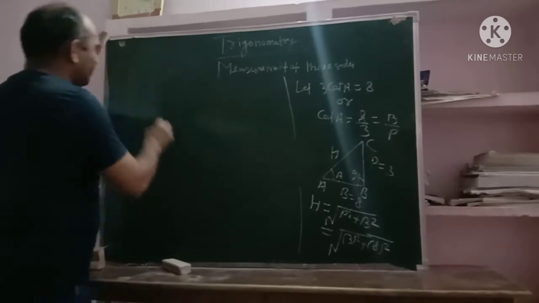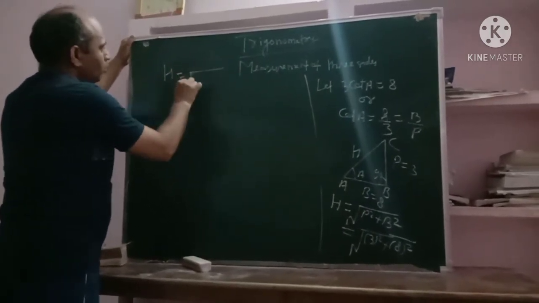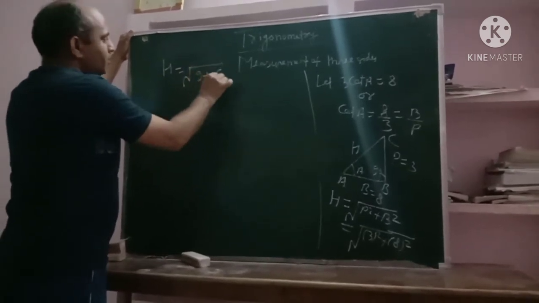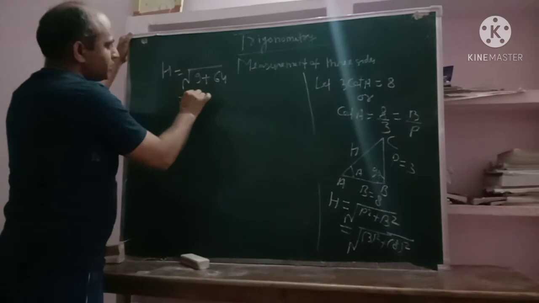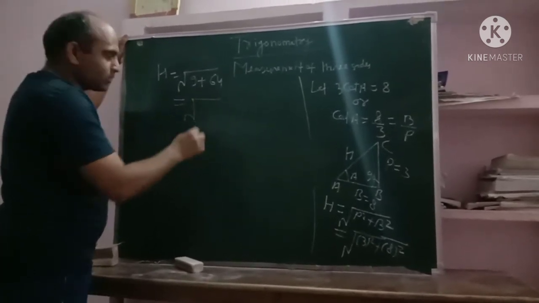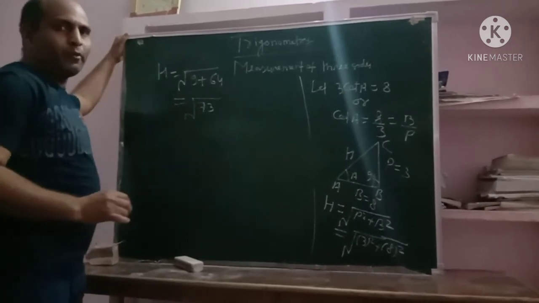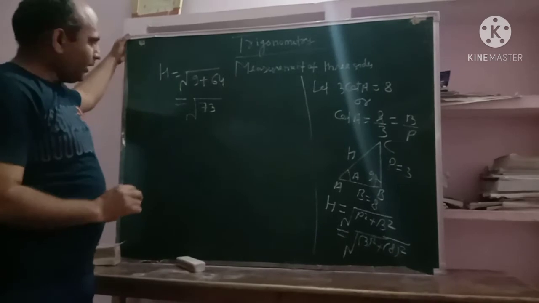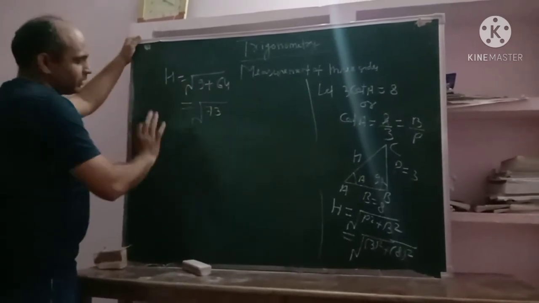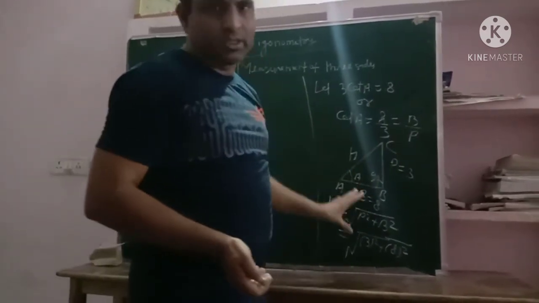So we can calculate the hypotenuse. H is equal to root of 3 square means 9, 8 square means 64. So 64 and 9 is equal to 73. So the value of hypotenuse side is root 73, and it is not a perfect square number, so it is the same. Now we know all three sides.